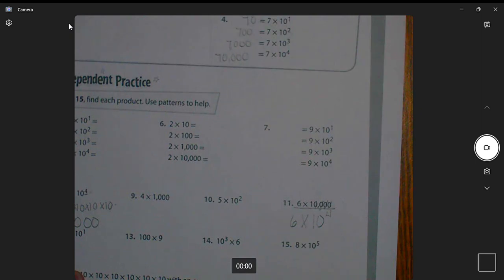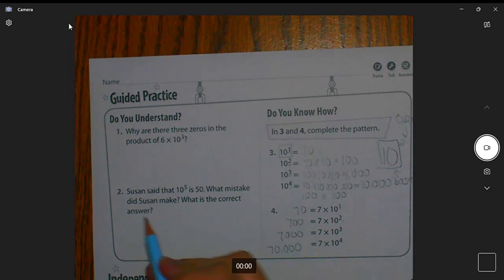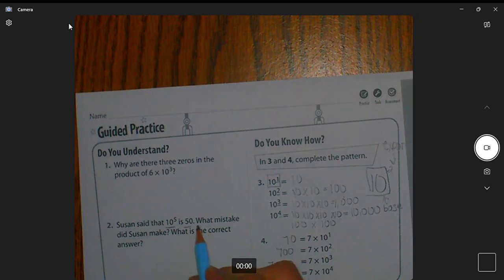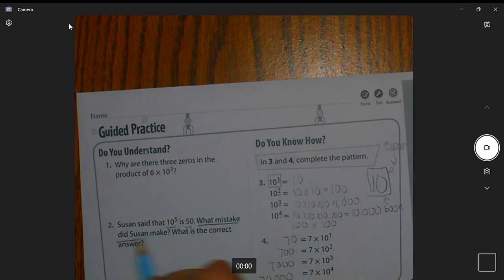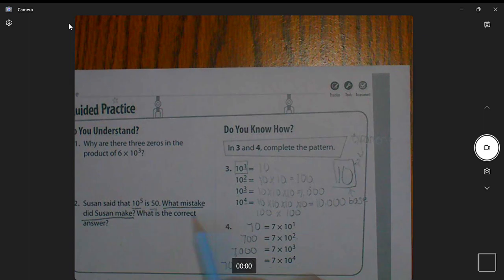Now, I want to see if you can use some creative reasoning. Let's go back up here to my guided practice area. Susan said that 10 to the 5th power is 50. What mistake did Susan make? Knowing what you know about your powers of 10 and the pattern, 10 to the 5th is not 50.